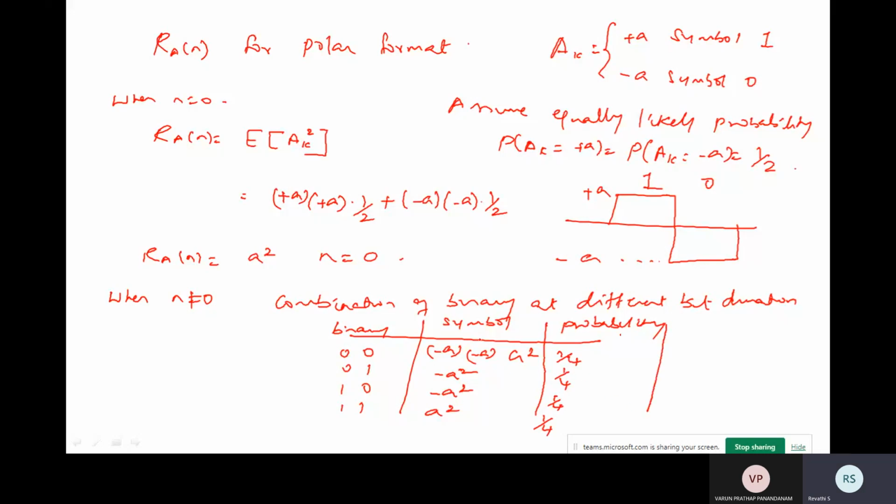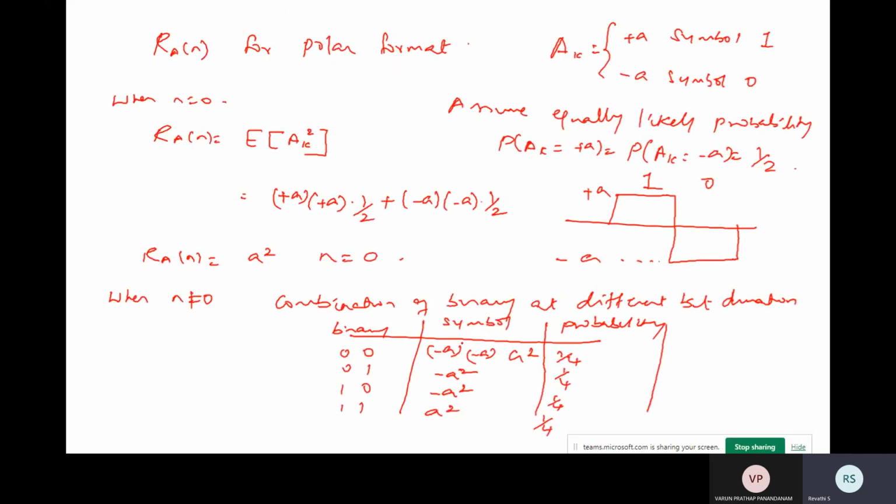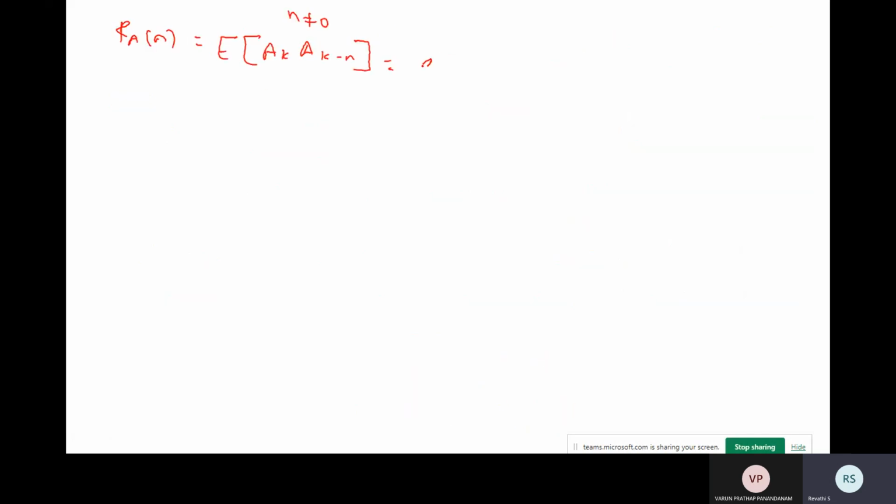Now you can find RA of n when n is not equal to 0, which is the expectation of AK into AK minus n. You can see these are the 4 possible combinations. So it is A square into 1 by 4 plus minus A square into 1 by 4 plus minus A square into 1 by 4 plus A square into 1 by 4.